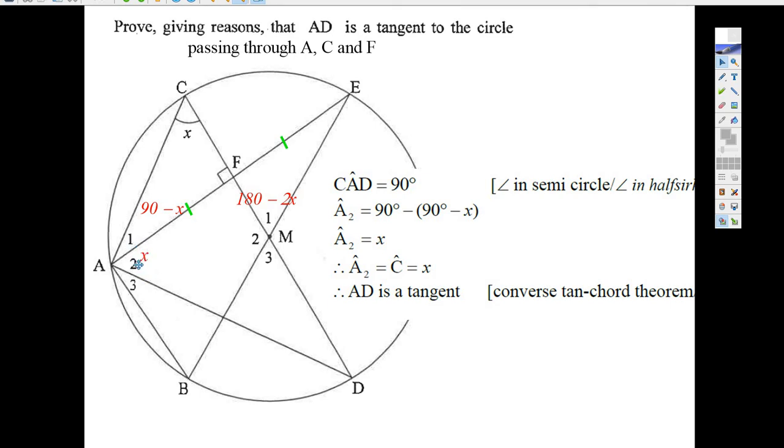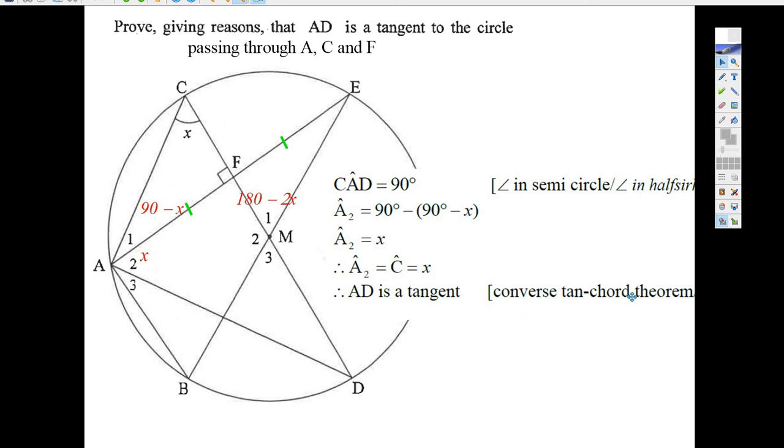If the angle between the tangent and the chord is equal to the angle that subtends the same chord, the angle at the top of the triangle, then that's the tan-chord theorem, which makes a circle pass through those points.